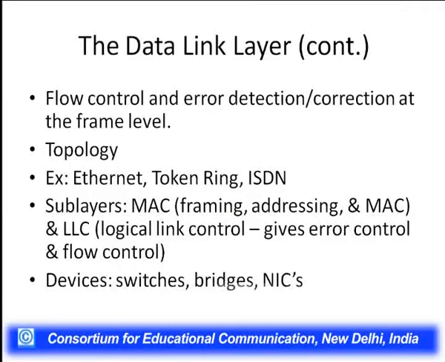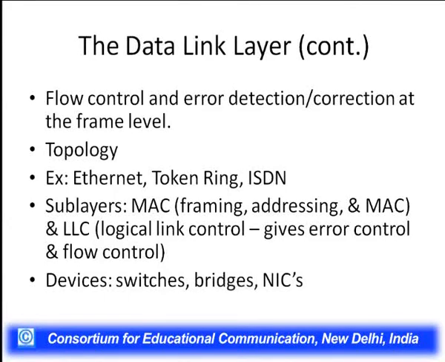So, the data link layer will insert a header into the message which will have the information about the sender of the data packet or the frame and the receiver of the frame. In the next slide we will also talk about the different error detection and corrections, topologies, and Ethernet, token ring and ISDN are some protocols which are used.